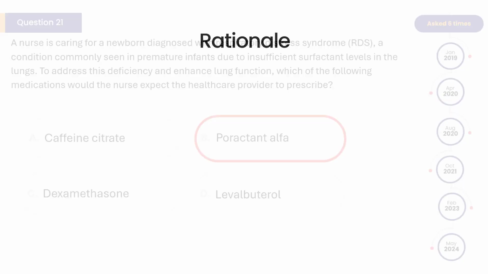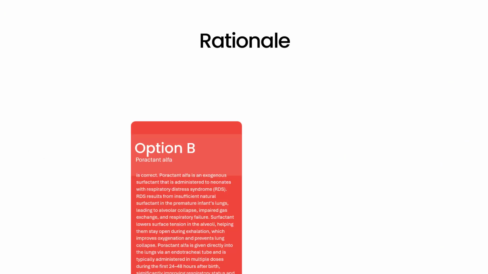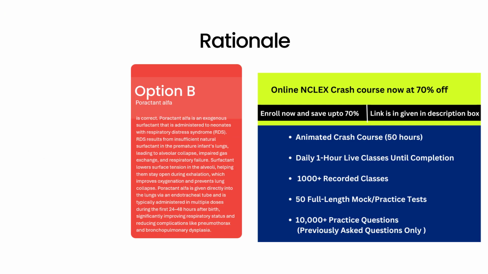Poractant alfa is an exogenous surfactant that is administered to neonates with respiratory distress syndrome. Respiratory distress syndrome results from insufficient natural surfactant in the premature infant's lungs, leading to alveolar collapse, impaired gas exchange, and respiratory failure.